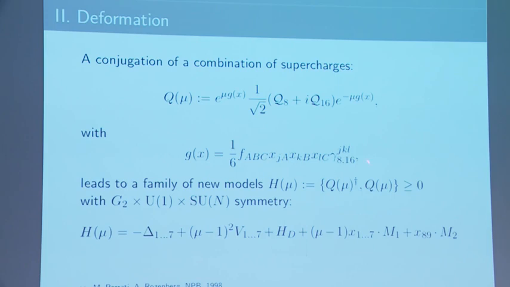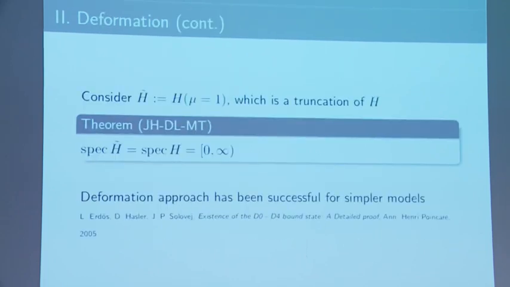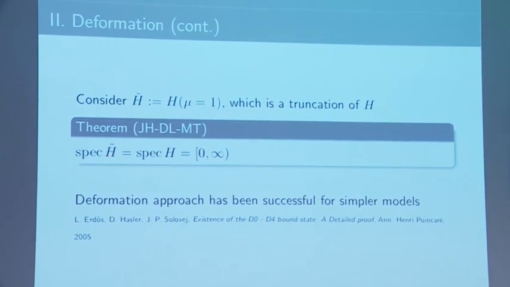Using those choices you can write down something which is nice, and then you can deform your model with respect to this choice. There's a deformation parameter mu, and you end up with a Hamiltonian which depends on this mu, and in the case that mu is equal to 1, some of these terms drop out, and you have something which is in some sense simpler, but you can still prove that this deformed thing also has the continuous spectrum.